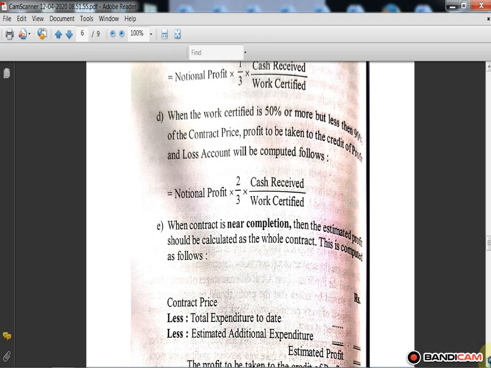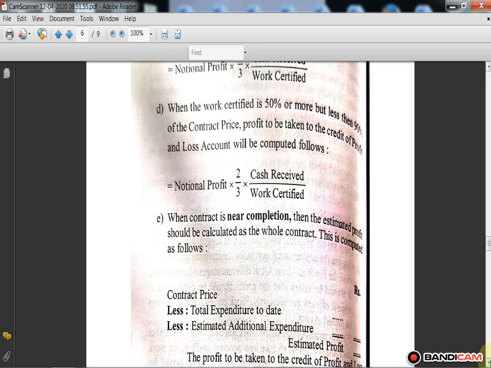Next, when the contract is near completion, then the estimated profit should be calculated on the whole contract.